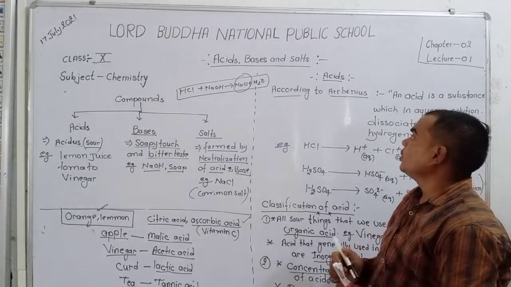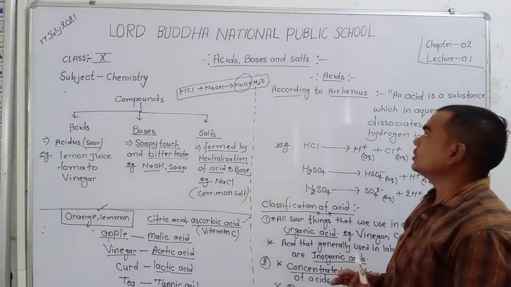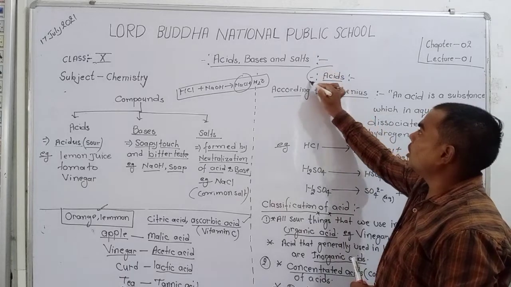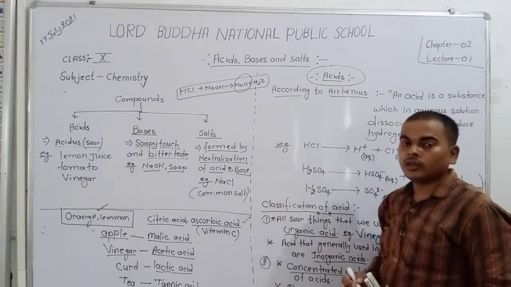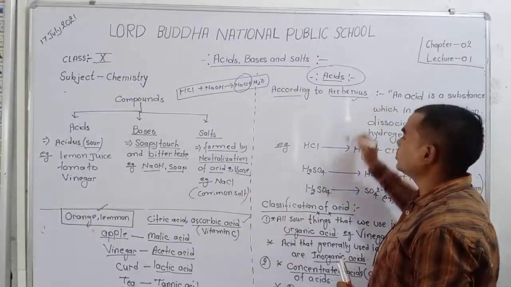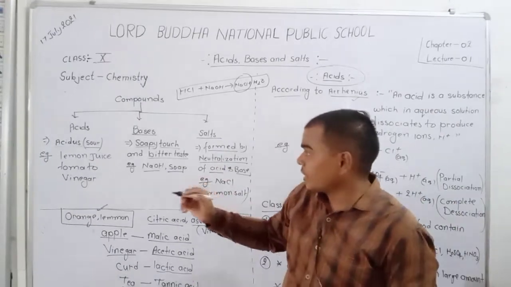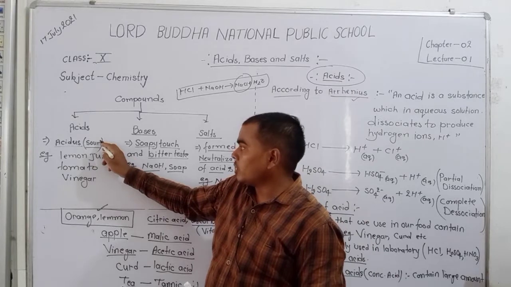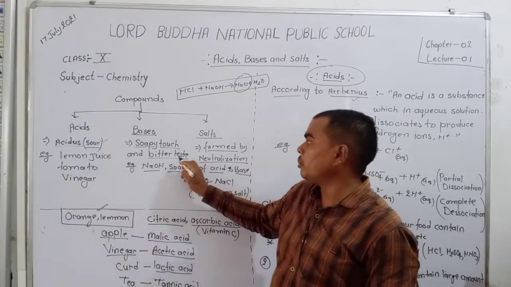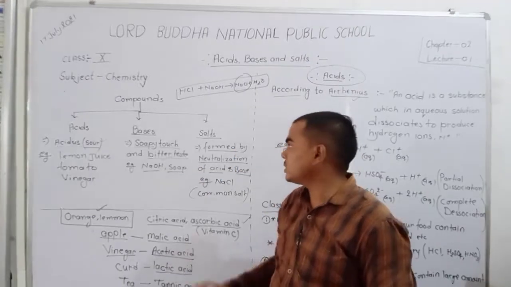Now we discuss acid according to Arrhenius. Dear student, here it is said that acids are sour and bases are bitter, whereas salts are salty.